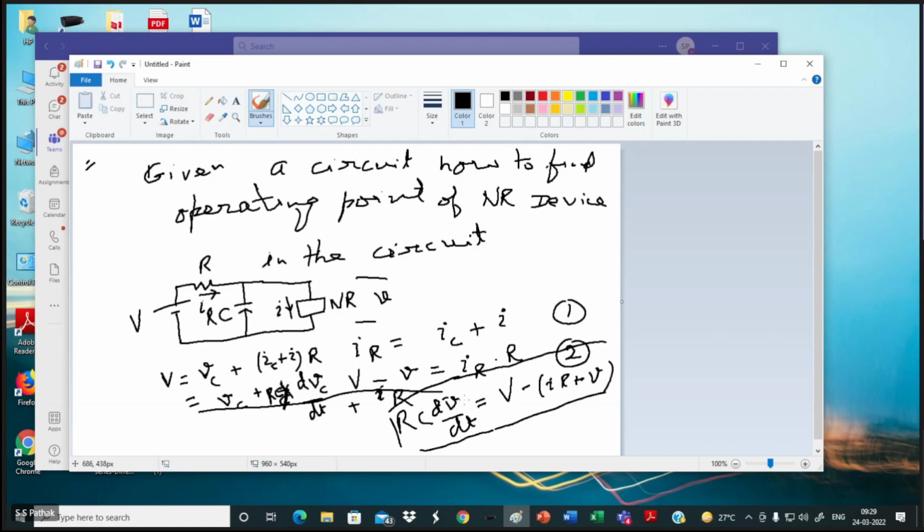Operating point, how to find that operating point? I have to solve for I and solve for V. IR plus V. Solve for V is given.